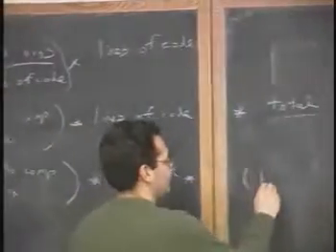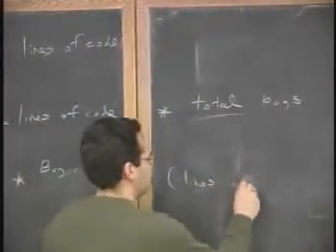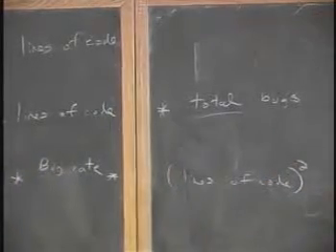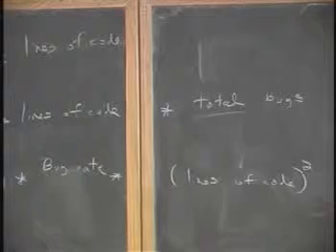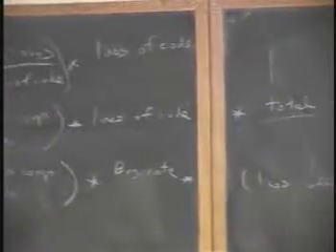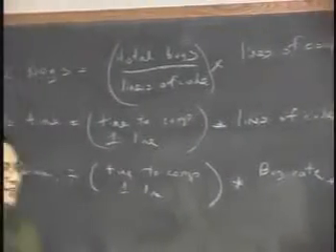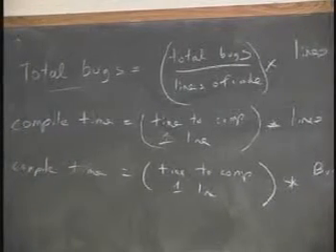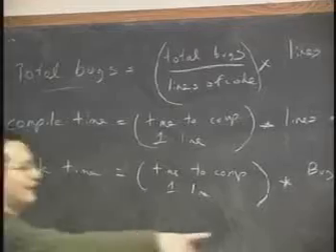Times lines of code squared. Okay, so what's the growth rate of this, what's the order notation of this compile time? Order n squared in the lines of code. Yeah. Order n squared on the number of lines of code.